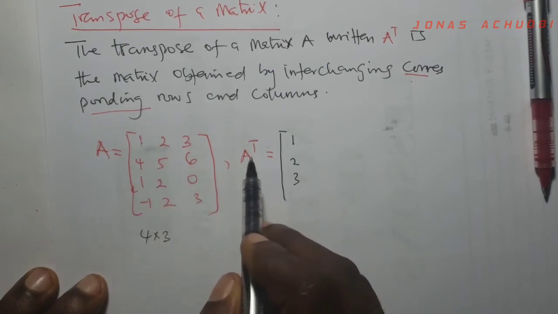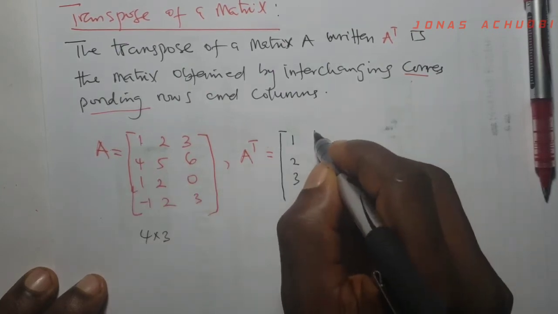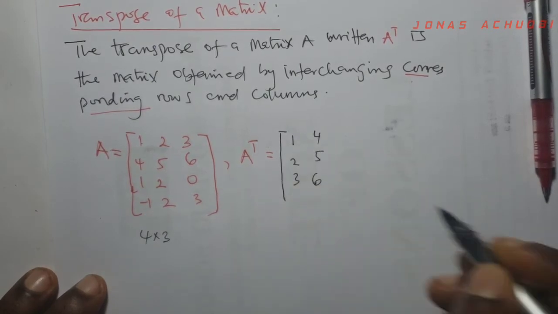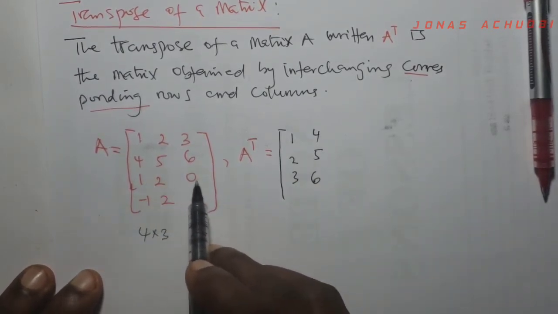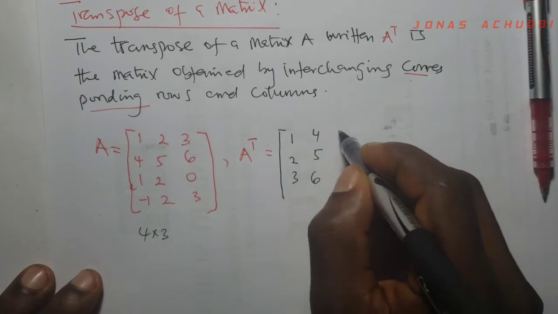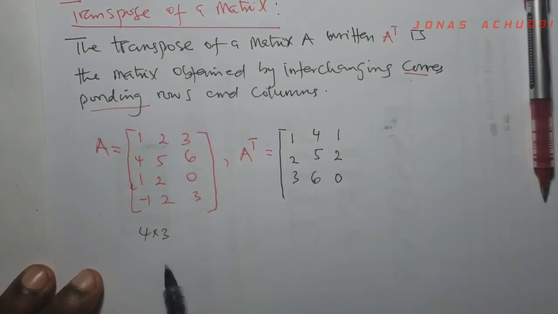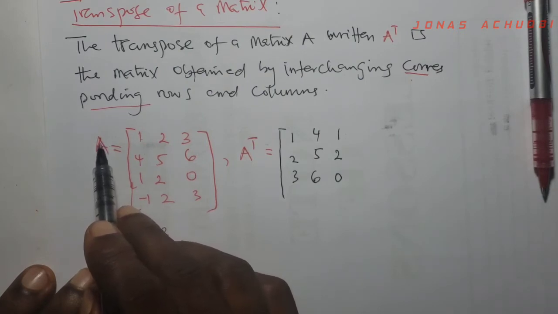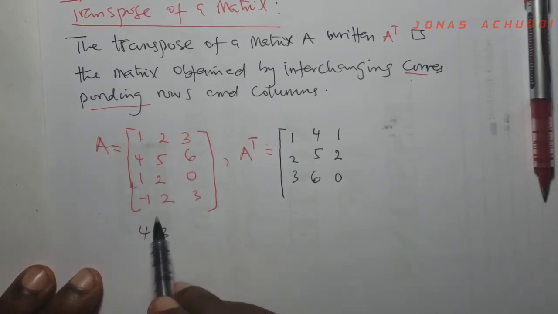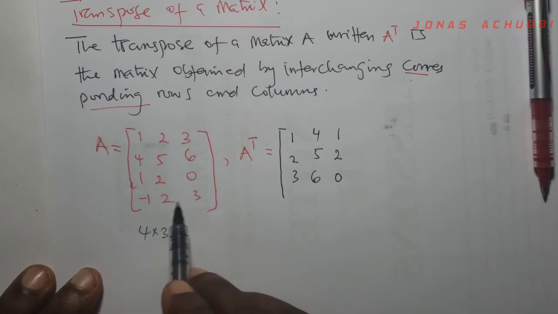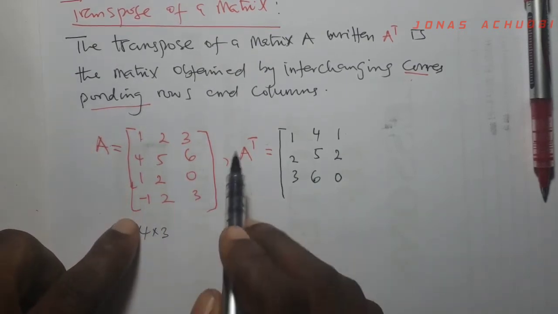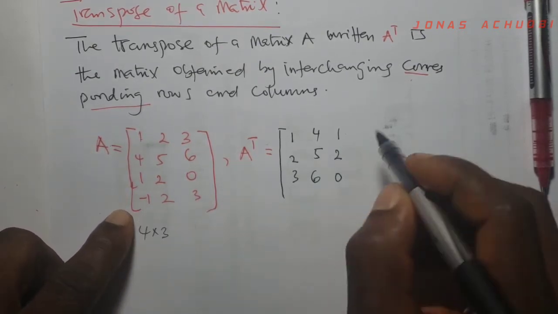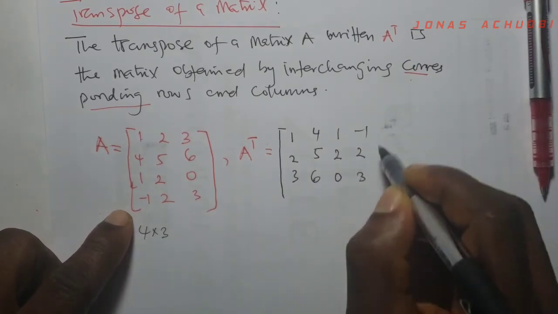Now, in the transpose of the matrix, 4, 5, 6 becomes column 2. 4, 5, and 6. 1, 2, 0, which is row 3, becomes column 3 here. 1, 2, 0. And negative 1, 2, and 3, row 4 of matrix A, becomes column 4 of the A transpose. So negative 1, 2, and 3 becomes negative 1, 2, and 3.